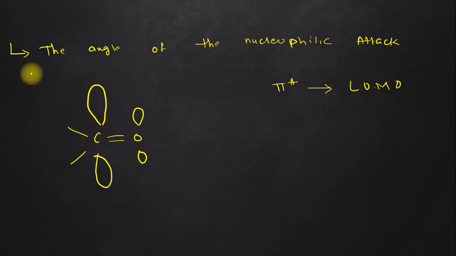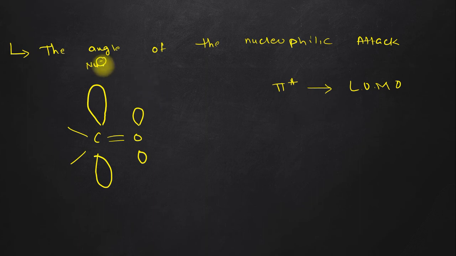Now this is the nucleophile. In order for the bond formation, there should be maximum overlap between the HOMO of the nucleophile and the LUMO of the carbonyl group. So what will happen?